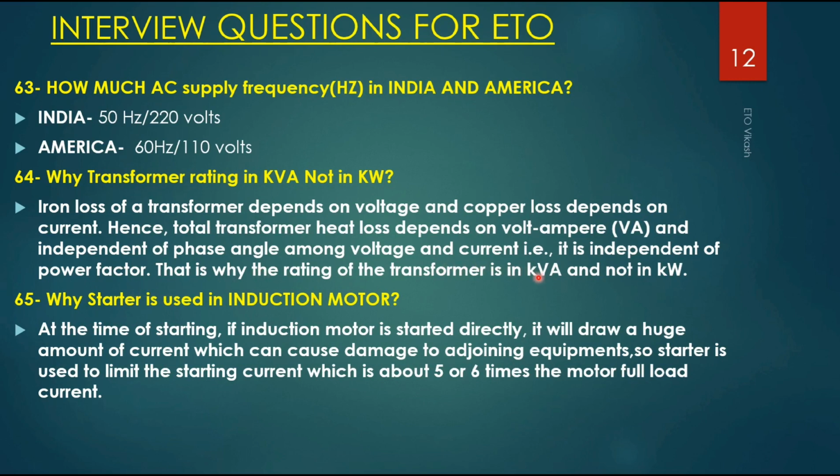That's why the transformer is rated in kVA. All the losses of a transformer, copper loss is due to current and iron loss is due to voltage, so we give the rating in kVA, not in kilowatt.